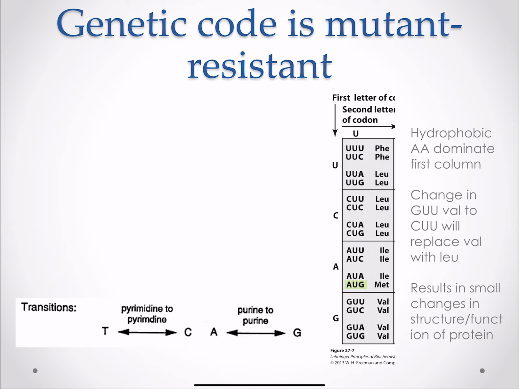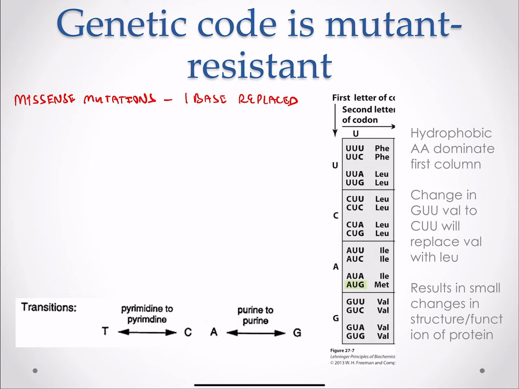All right, so the genetic code is also mutant resistant. So we have missense mutations. And these are where a single base pair replaces another. And so your third wobble position, in which a new base pair replaces another in the substitutions, is going to produce a change in the encoded amino acid only 25% of the time, and that's because it has flexibility in that position.